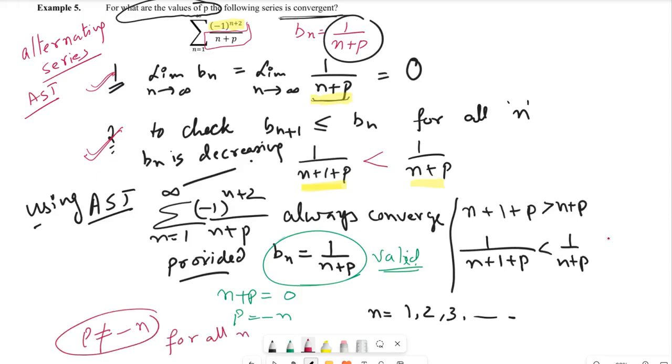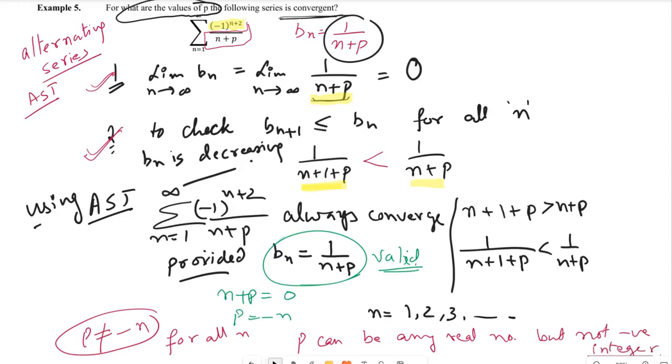What does that mean? p cannot be -1, p cannot be -2, p cannot be -3. So basically we say p can be any real number but not a negative integer, because that will make some of the terms invalid.